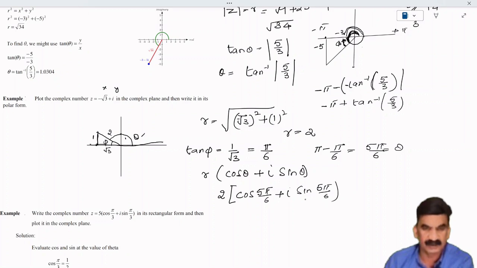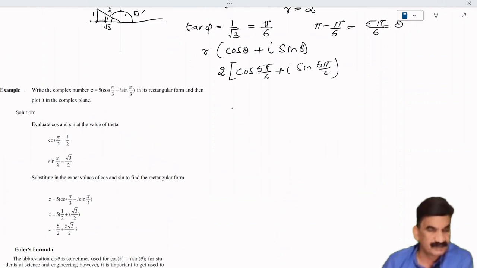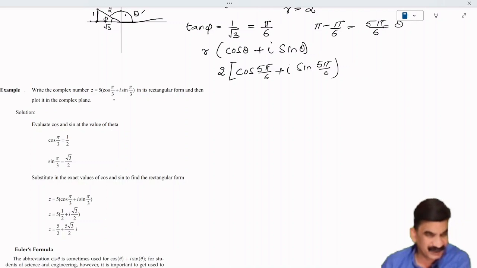This is the correct notation. All right, let's do this. Now let's go reverse. We've been asked to write this number in the rectangular form or the Cartesian coordinates. So that's okay. That's not that difficult.